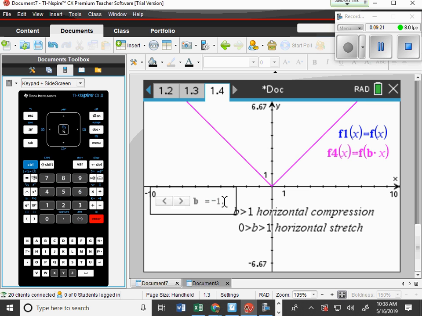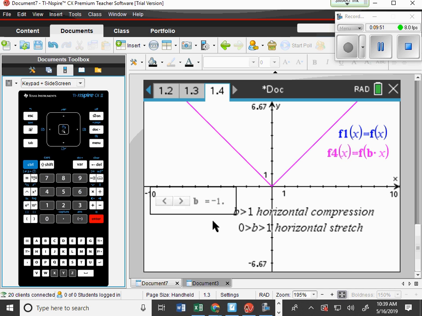And that has to do with the fact that we're using the absolute value function, which essentially gets rid of the negative sign. So I have to maybe use a different type of function to show what happens when b is negative, because you can't tell with this function. So there might be a separate video.